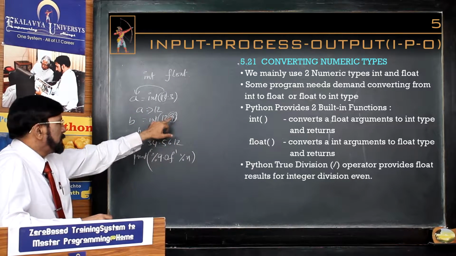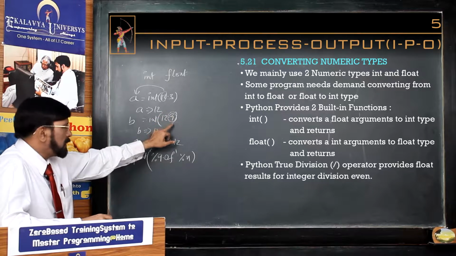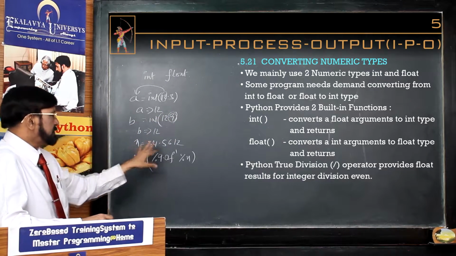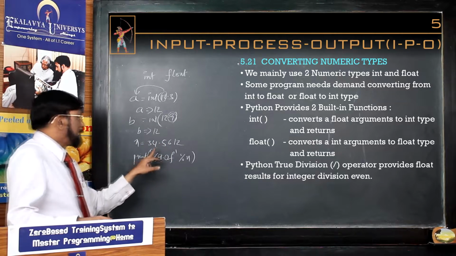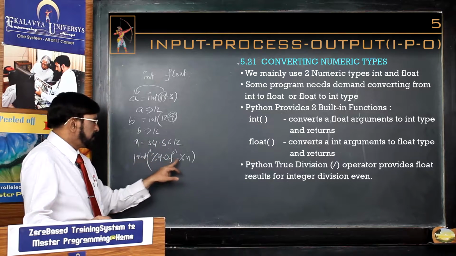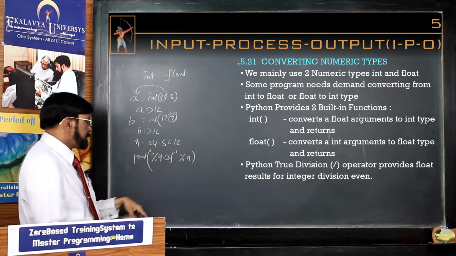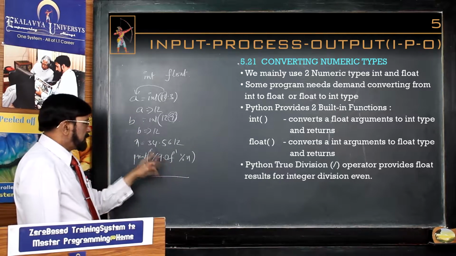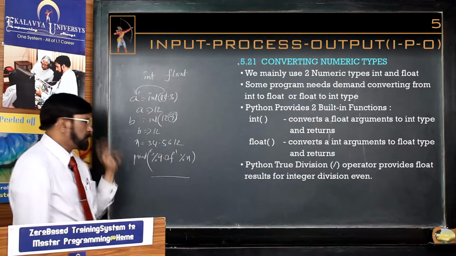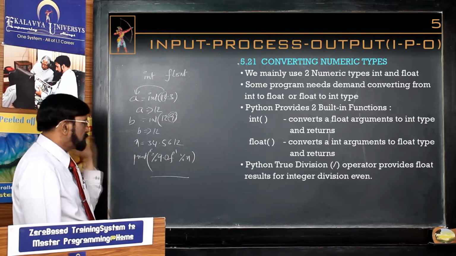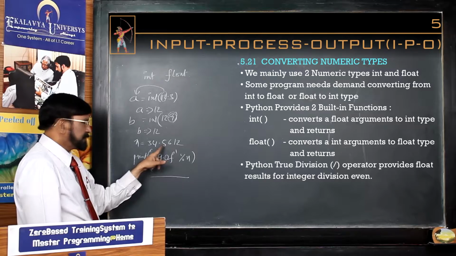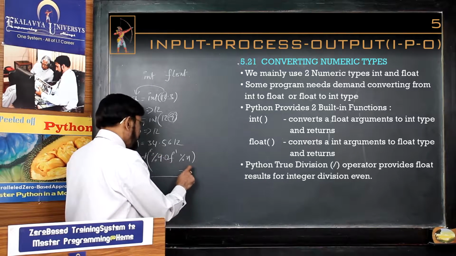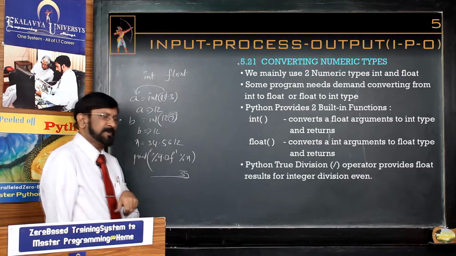Whatever the value, 12.0 or 12.1 or 12.9, 12 will be returned. In this case, it is totally different. I have given 9.0, which means 9 spaces are to be allocated. I don't expect anything after the decimal point, not even the decimal point. But here 5 is there, that's why the result will be 35. That you have to understand.